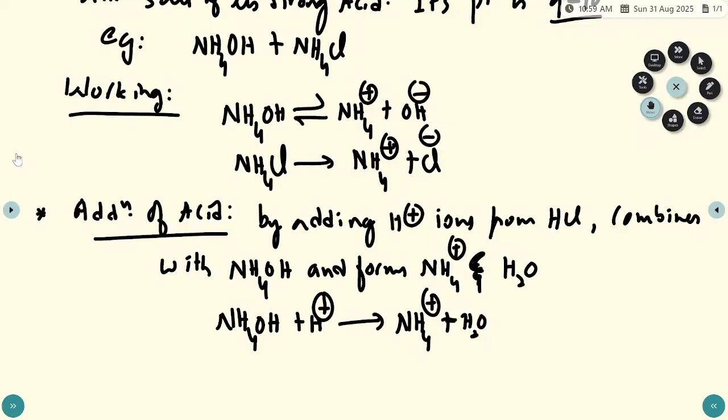Addition of base means adding OH minus ions. Adding OH minus ions from a strong base, that is NaOH. Okay, by adding OH minus ions to the basic buffer solution, what products are formed?